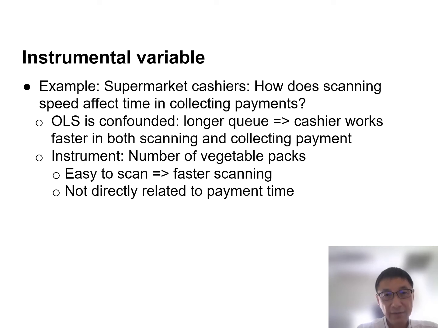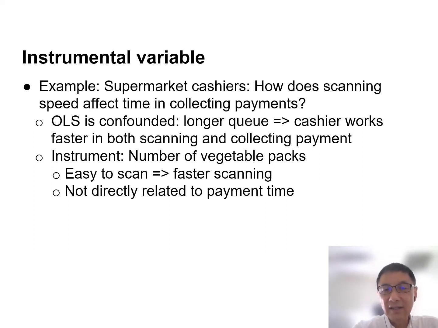The example comes from a study that I carried out on supermarket cashiers and asking how the rate at which supermarket cashiers scan purchases affects their productivity in collecting payments. And we measure the productivity in collecting payments by the time. So longer time would be less productivity. Now we could think of ordinary least squares estimation.